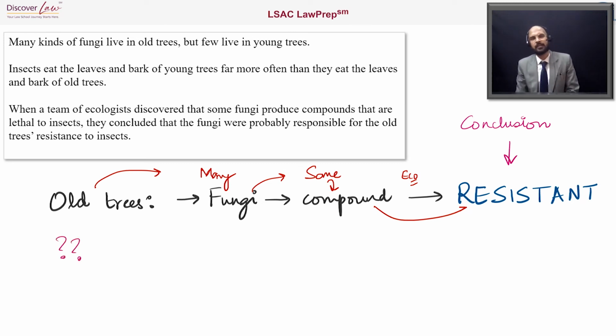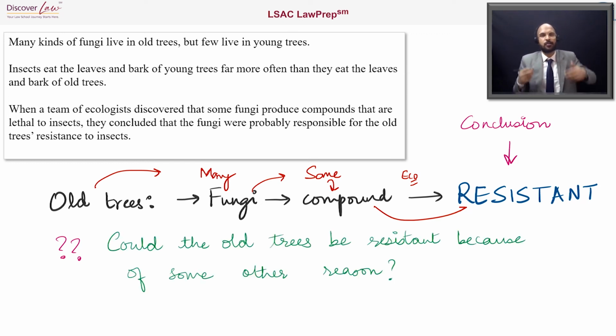Let me ask you a question. Could the trees be resistant because of some other reason? Maybe an old tree becomes really hard, or really bitter, or poisonous with time simply because it is old, and therefore insects don't eat it. Maybe the reason is not fungi.